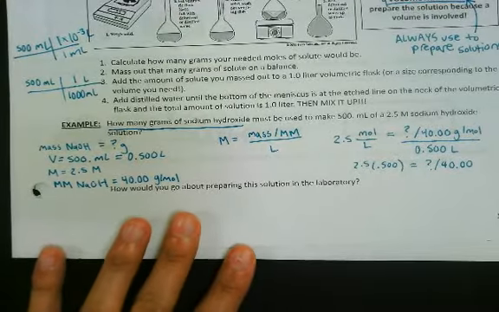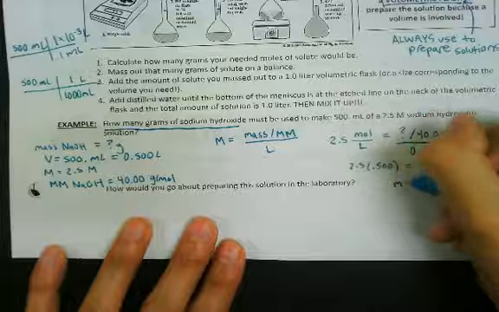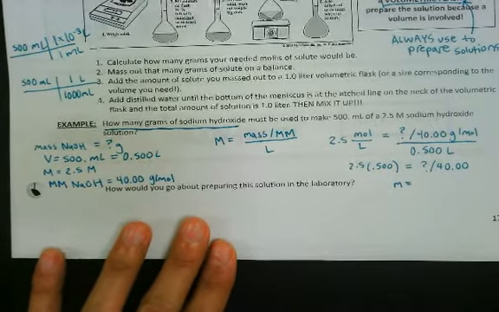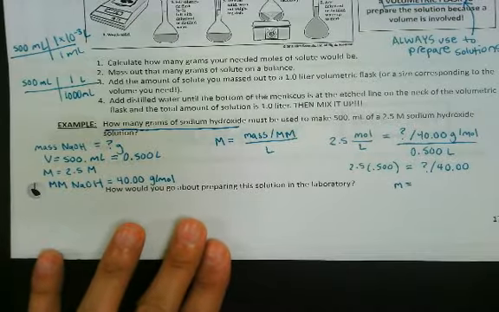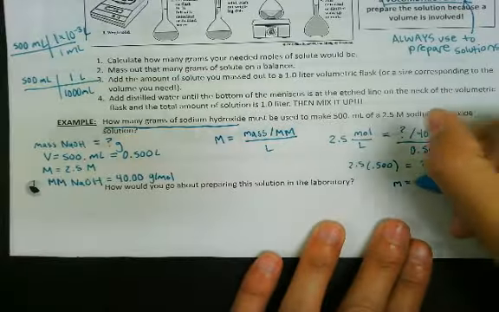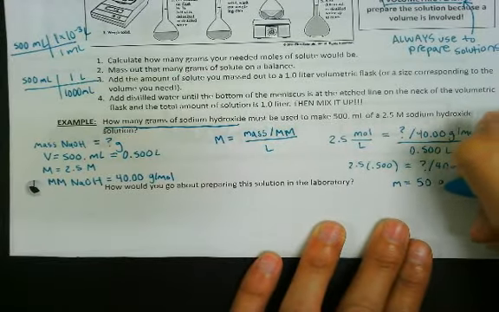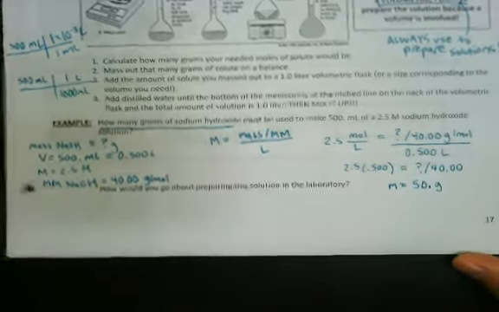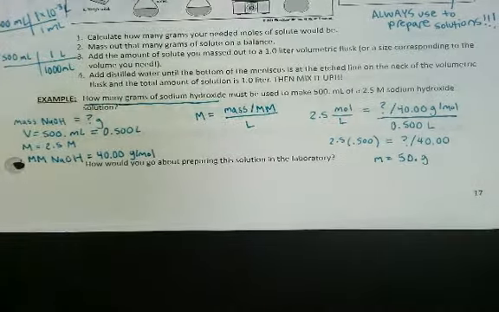Can somebody tell me what they got for their answer here for the mass? Anybody? 50, yeah, it is 50. And I'm going to go ahead and put a little decimal there so it has 2 sig figs.